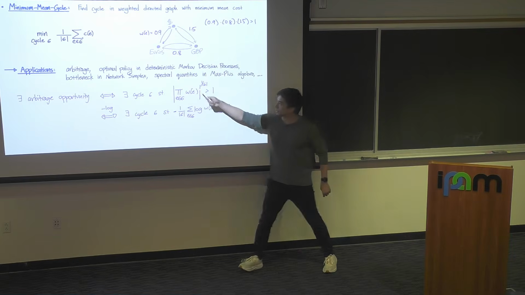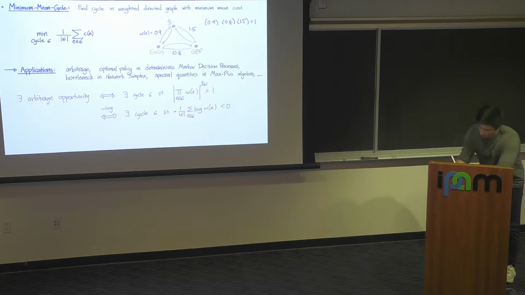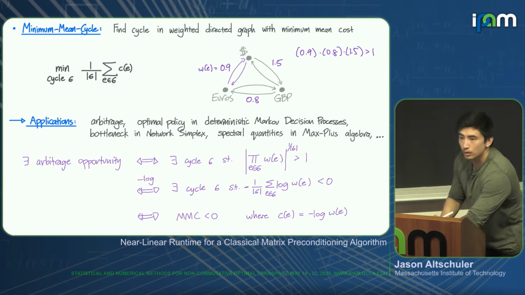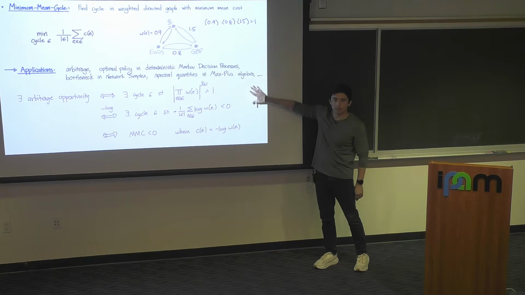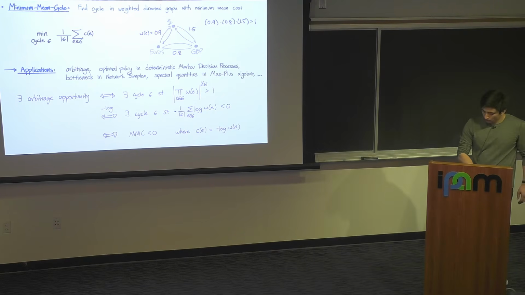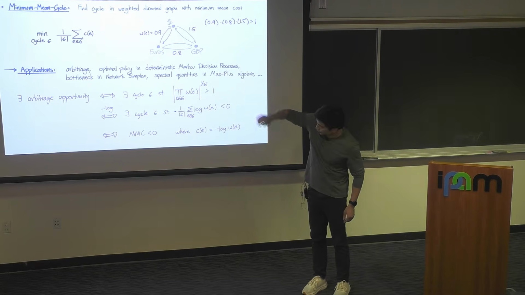So if I now define my cost C of V to be negative log of W of V, then this is equivalent to having the min-mean cycle be less than 0 for those costs. OK, so just to give at least one concrete example of why people care about this in its own right.